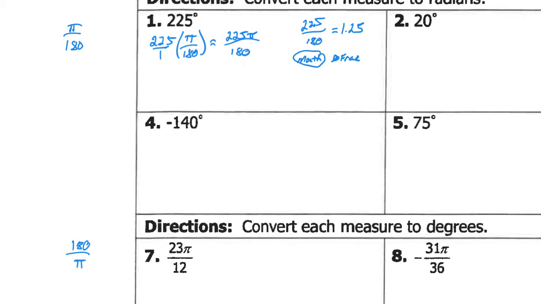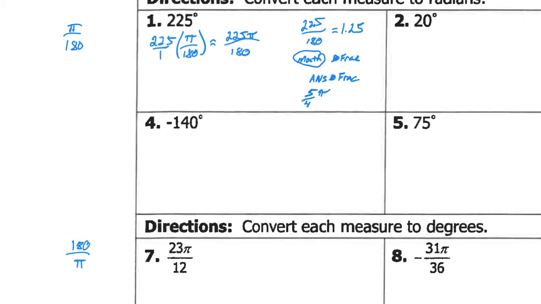Select that first option, hit enter, and it will say Ans to frac. That will change your answer into a fraction. If you hit enter again, it will switch it to 5/4. And then you just put pi in your answer.